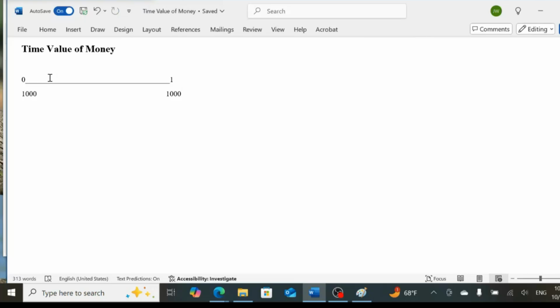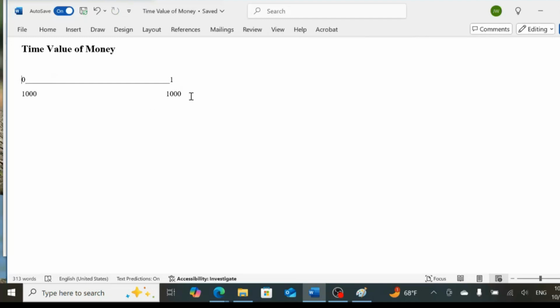Why is today's $1,000 better than next year's $1,000? Because with today's $1,000 you can spend, or you can save, or invest, and money will start to grow. If you save today's $1,000, after a year it will grow to more than $1,000.